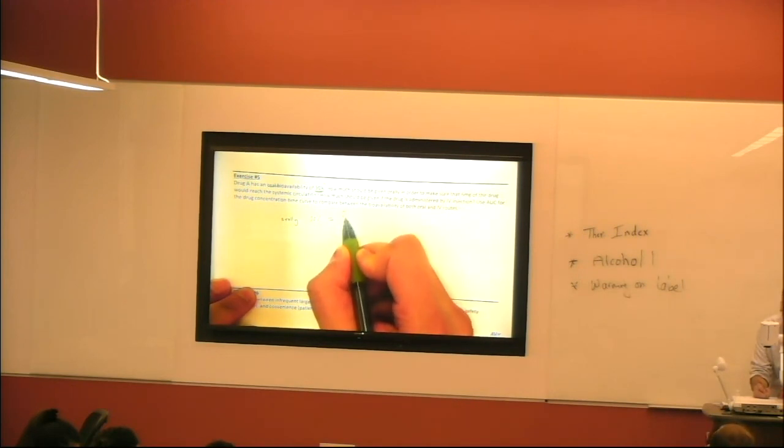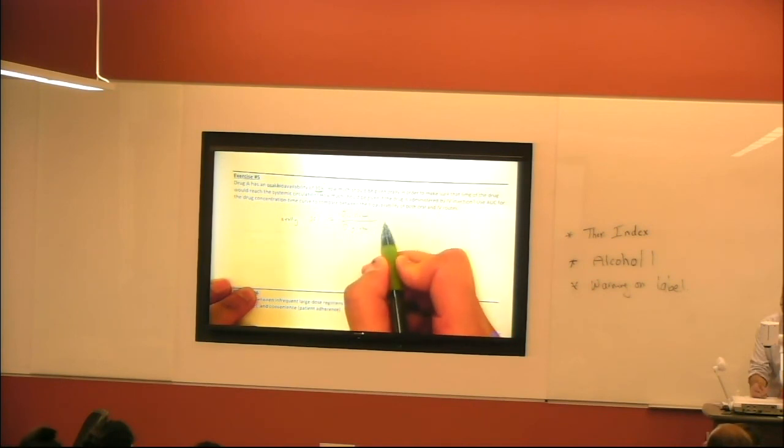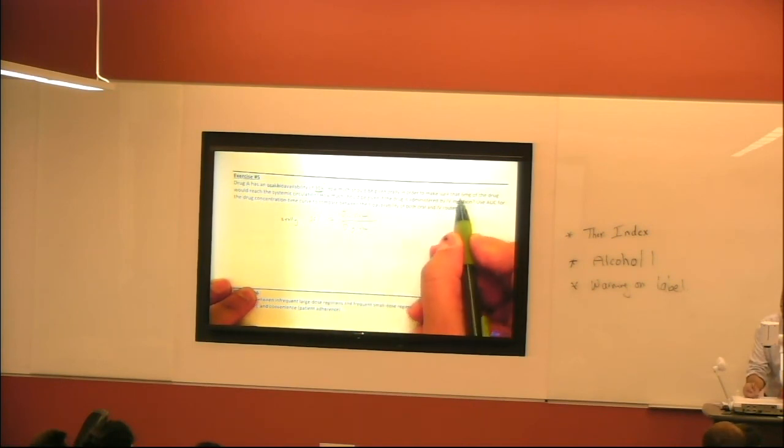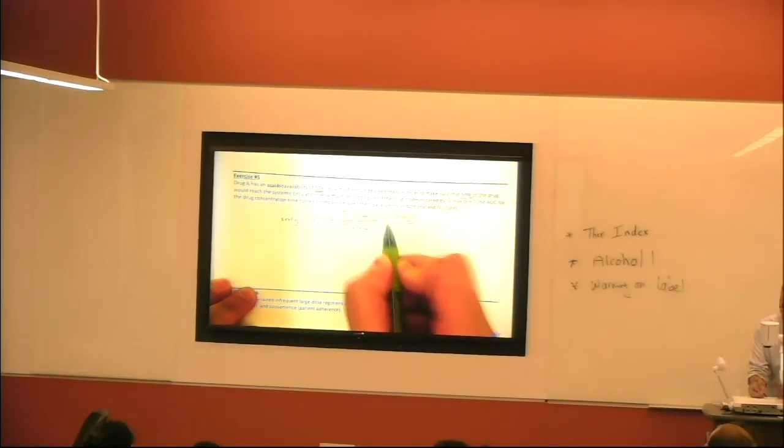This is the drug in circulation, and this is the drug given, the amount given, okay? So if I want the amount of the drug to reach the circulation to be 6 milligrams, how much should I give?